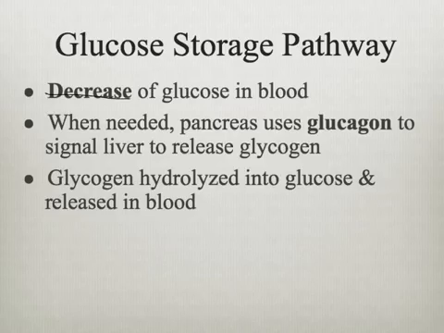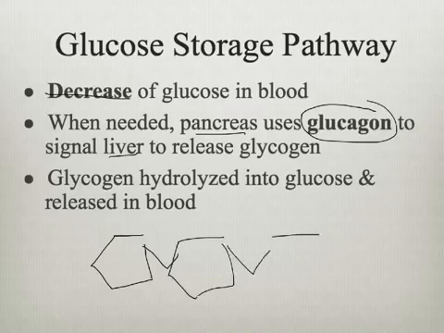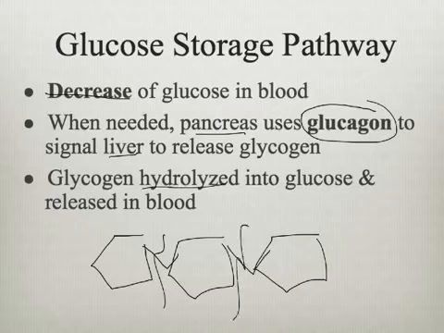So now what happens is the pancreas, instead of sending insulin, sends a different hormone called glucagon to the liver, and that glucagon tells the liver, hey liver, there's not enough glucose in the body, so I want you to take that glycogen. Remember, glycogen was the storage polysaccharide that we just made, and I want you to break it up, I want you to hydrolyze it into glucose and put it back in the blood so the cells can bring it up and use it for energy.